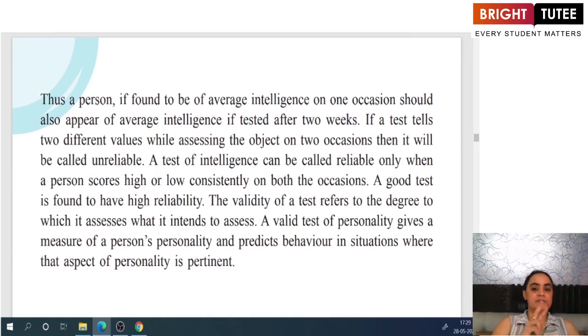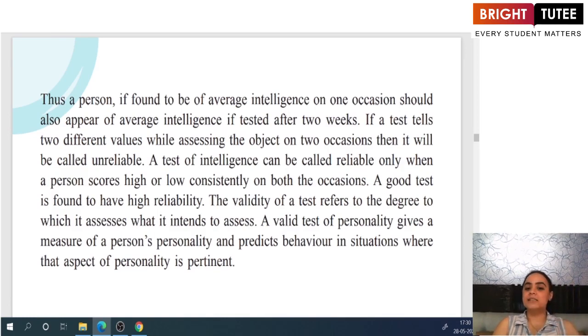If the test gives you a different intelligence quotient for that person, then that test is unreliable in nature. So a test of intelligence can be reliable only when a person who scores high remains a high scorer on both occasions, and somebody who scores low remains a low scorer on both occasions. This quality is very much necessary if you want your test to be reliable.